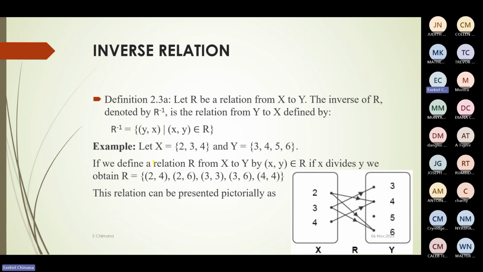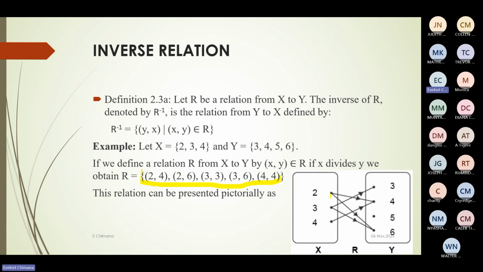So if we define a relation R from X to Y, like we have these sets X and Y, and then we define a relation from X to Y by (X, Y) is an element of R if X divides Y, we obtain this. I'm sure you've done this example. After having this, if you want the inverse of this relation, so this is the relation that we have on this pictorial diagram, such that 2 is mapped to 4 and 2 is mapped to 6.